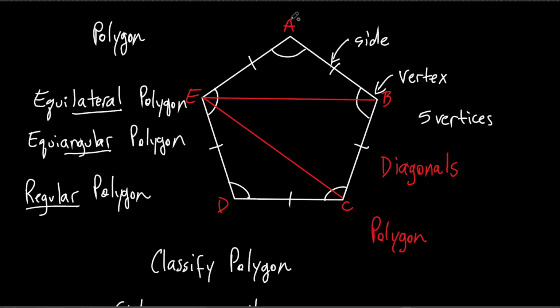But let's, for the fun of it, start with this one. It does not matter what order you go, but you've got to go consecutively. If I go this way, I call it A, B, C, D, E. So polygon ABCDE. That's what I would call it.